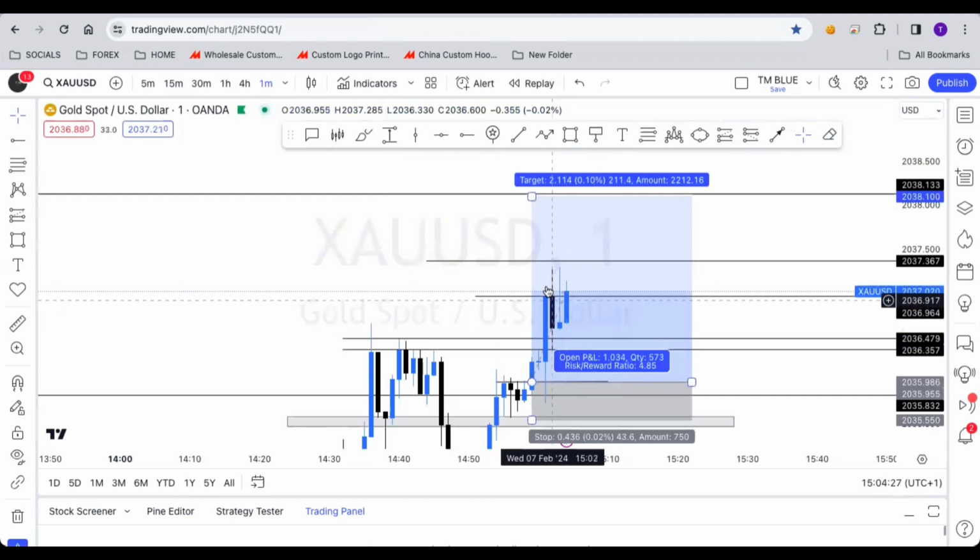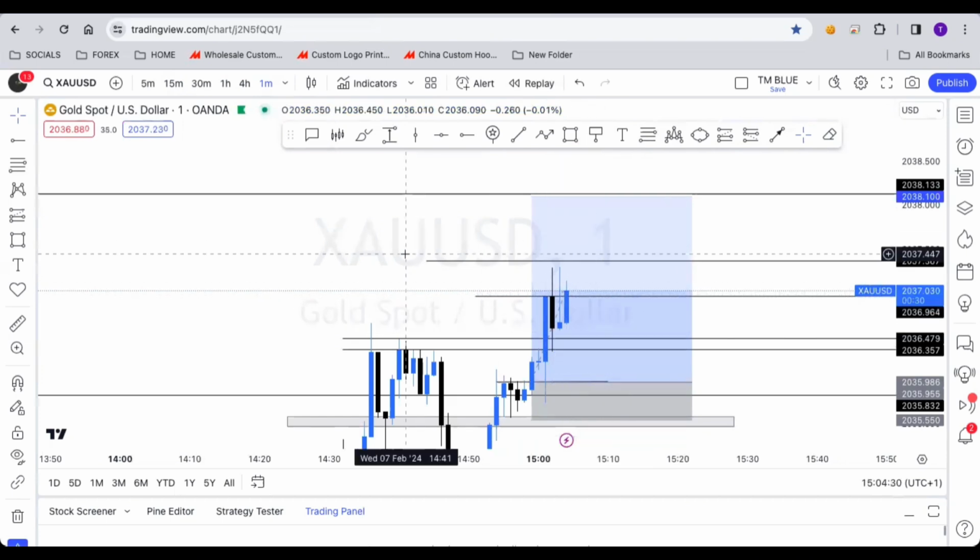If this closes bullish, it's going to become a morning star candlestick pattern. You're still good for buy. So you develop with the market, guys. That's what you do.